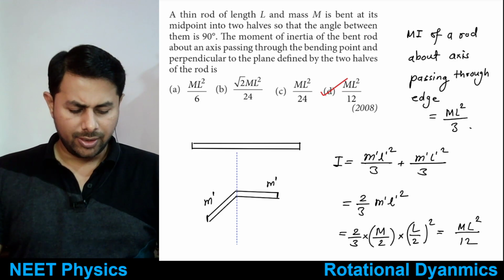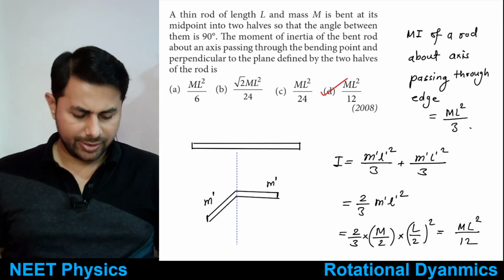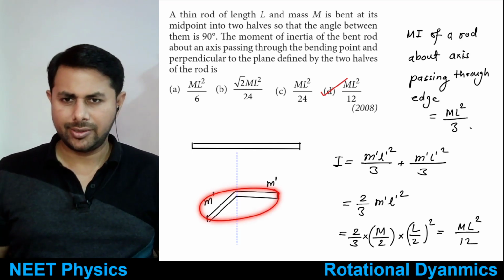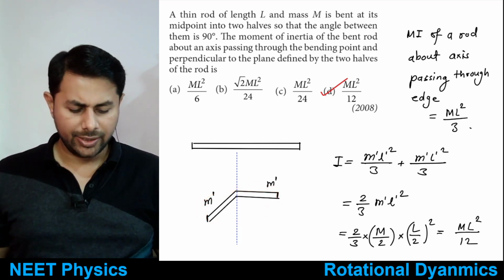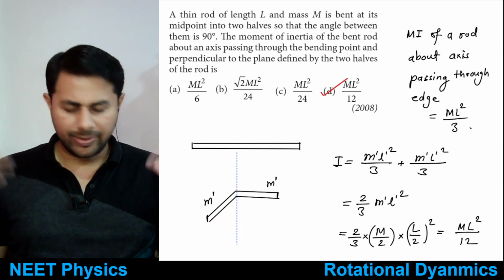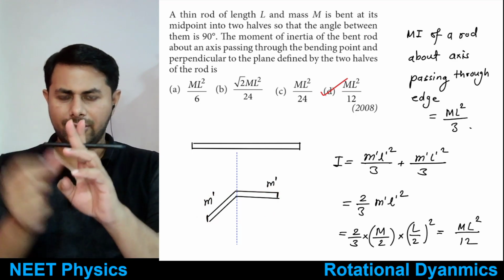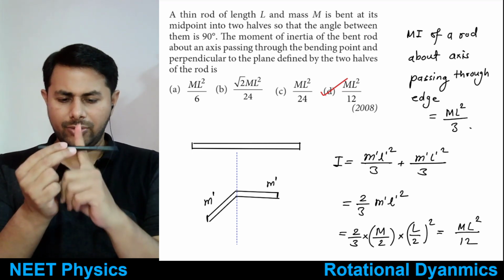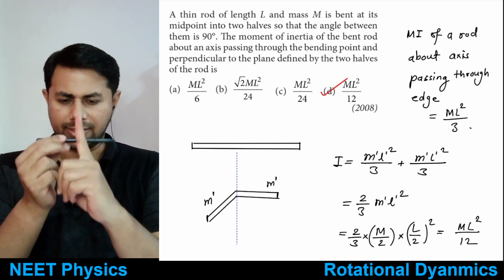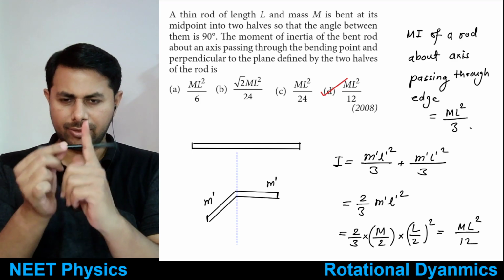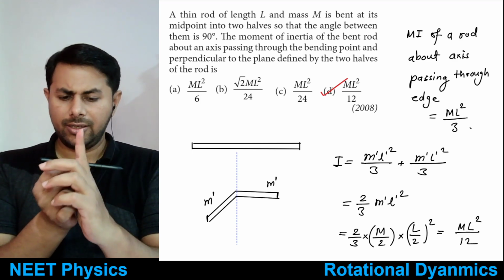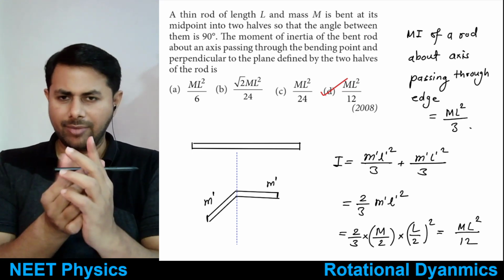Okay, good. So now see, this thing can be solved just by thinking. So suppose you have this rod and you want to find out its moment of inertia about this axis. Then how will you find the moment of inertia?